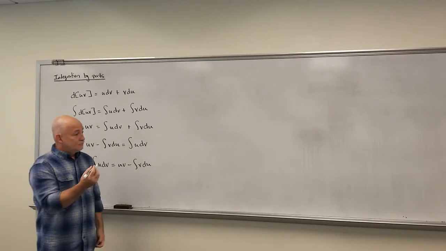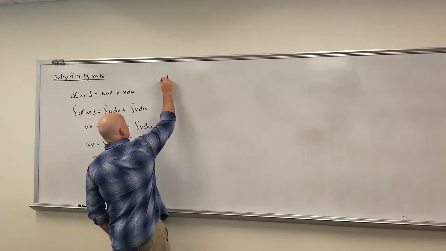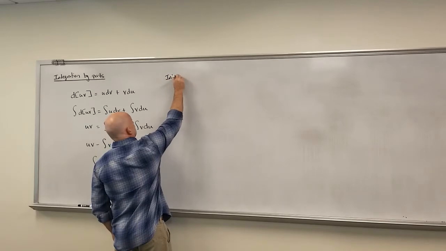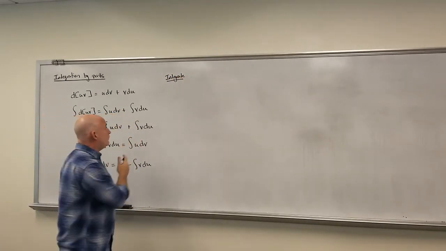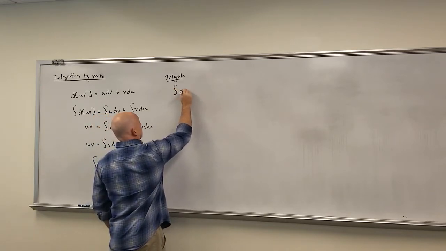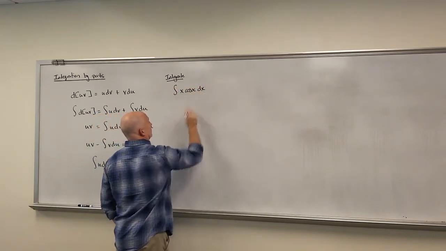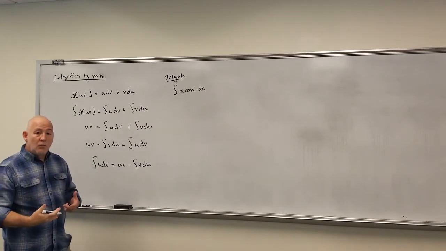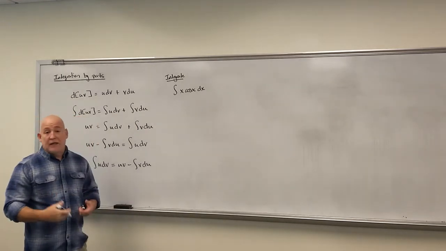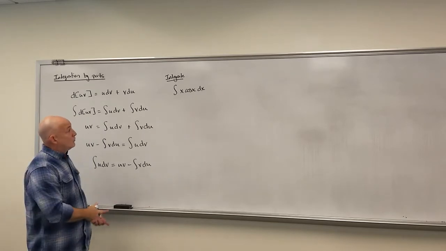Okay, so our directions here are going to be very, very simple. Integrate. And let's just start out with, let's do something easy. Let's do x cosine x dx. Okay, you would still go through all your normal questions when you're going to integrate this. Can I integrate it directly? Can I rewrite it?